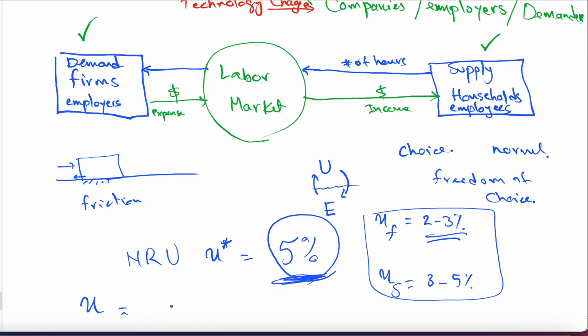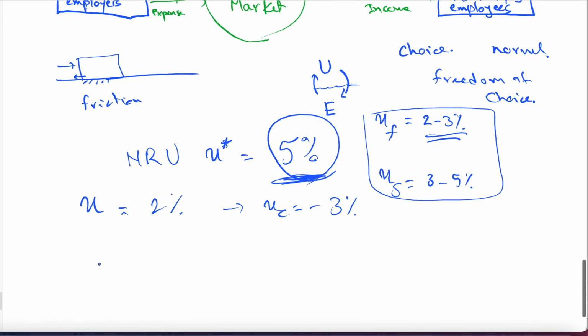So if the US economy is at a 2% unemployment rate, the cyclical unemployment rate is 2 minus 5, which is minus 3%. Or if the unemployment rate is 15%, then cyclical unemployment is plus 10%, because 5% of that is natural and the other 10% is cyclical, so it can be positive or negative.